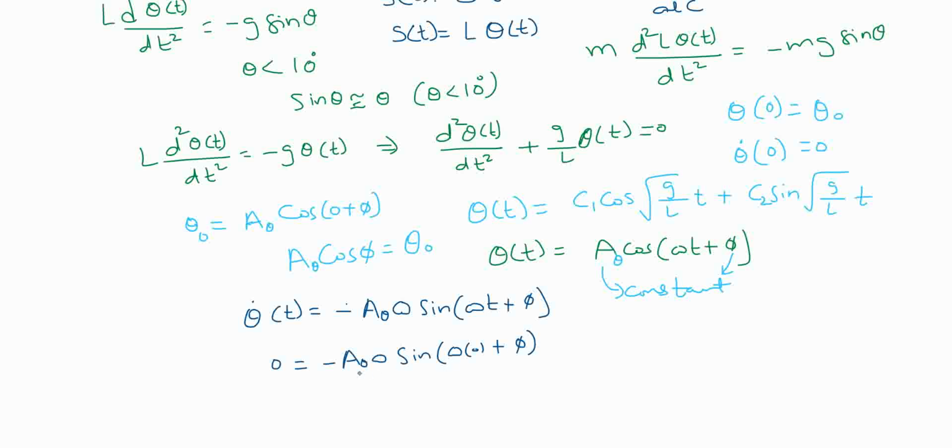Here A theta and omega can't be 0, so sin phi has to be 0, so that means phi equal to 0 in this case.